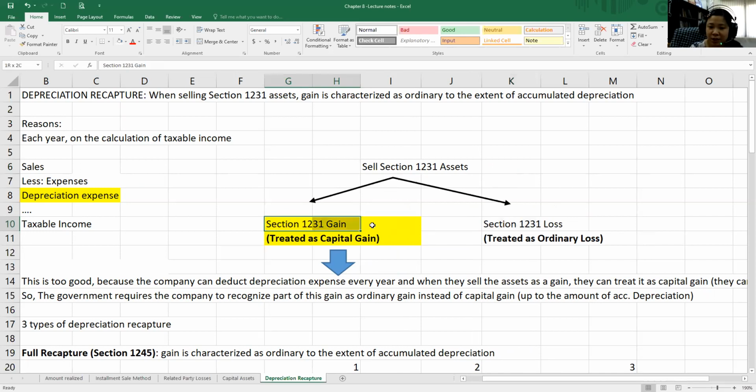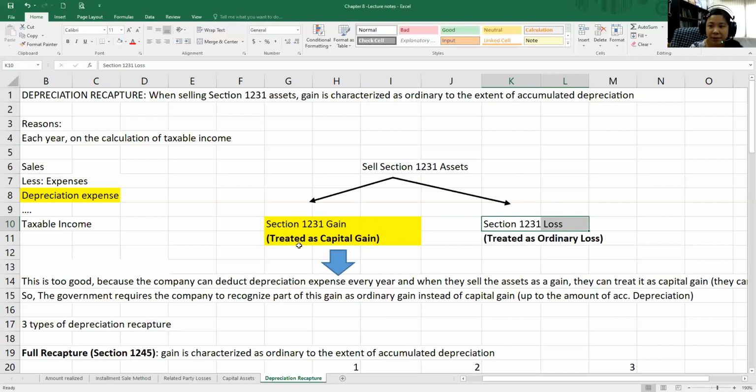Now, last time we learned that Section 1231 gain is treated as capital gain, while Section 1231 loss is treated as ordinary loss.